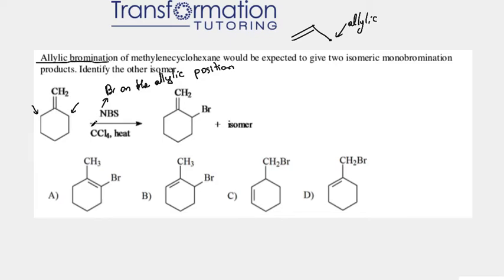In order for us to figure out the other product, we have to look into the mechanism slightly. In the mechanism for NBS, we have initiation, propagation, and termination steps because it's a radical mechanism. Initiation basically will produce a bromine radical.